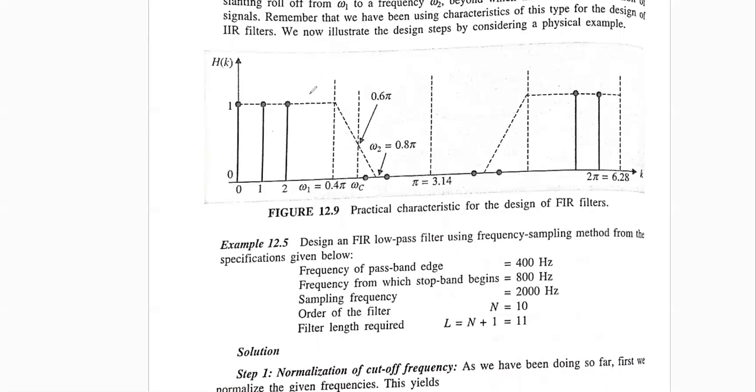So the first step is to define the values of omega 1 and omega 2, and from there you define omega c, which is nothing but omega 1 plus omega 2 divided by 2. That is how you define everything.